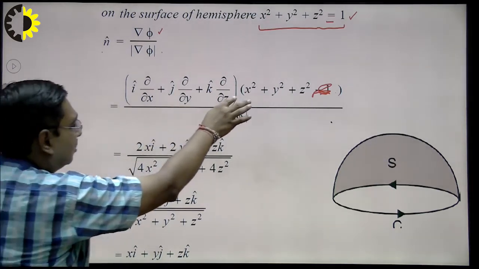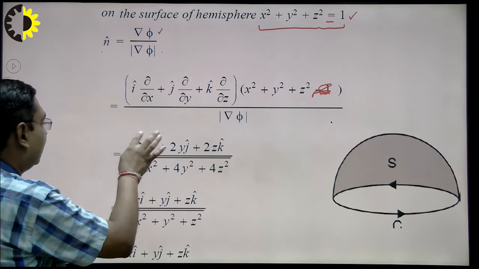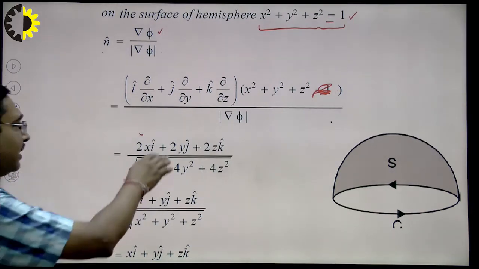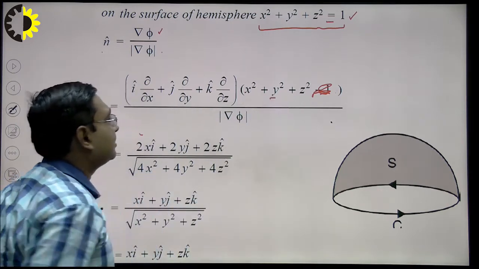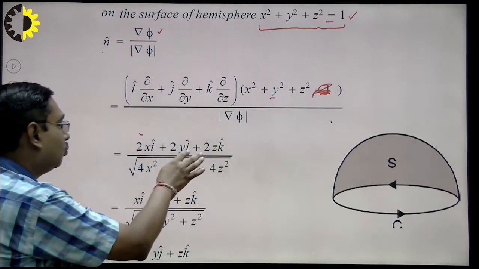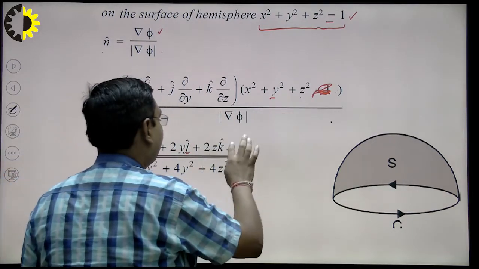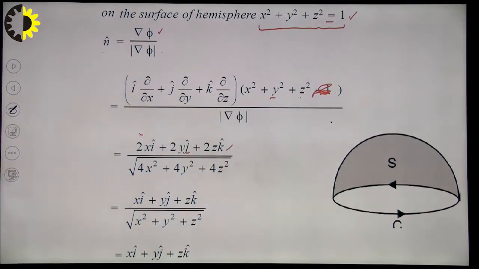Del over del x of x square gives 2x, so it becomes 2x i cap. Del over del y of y square becomes 2y j cap. Del over del z of z square becomes 2z k cap.